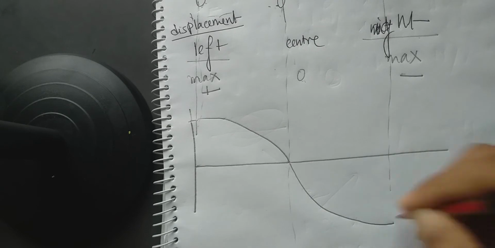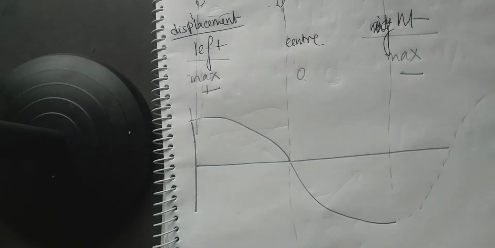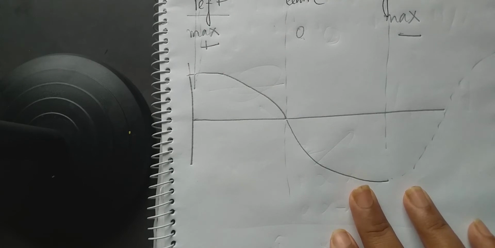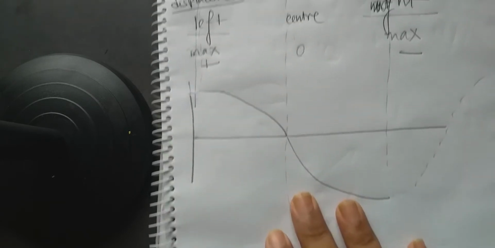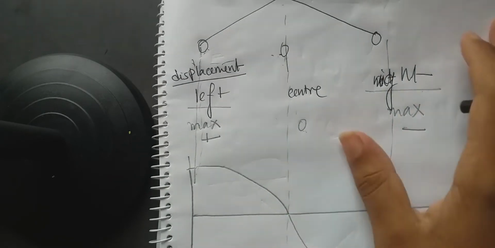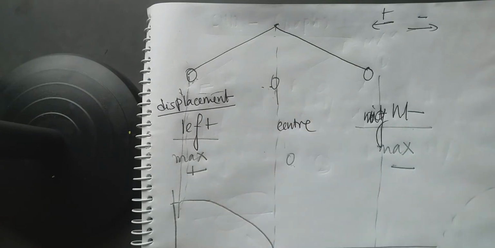So the curve follows something like this. So we get a sinusoidal curve, and we can see how a sinusoidal curve is derived from the displacement of oscillation.